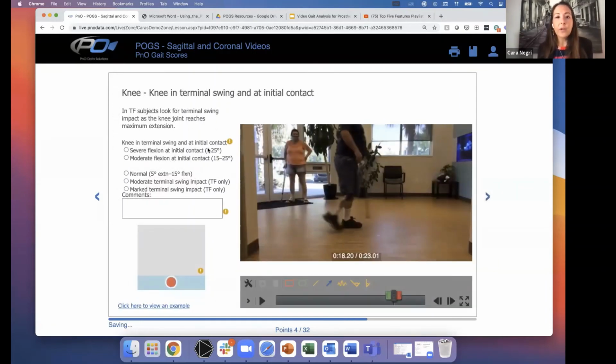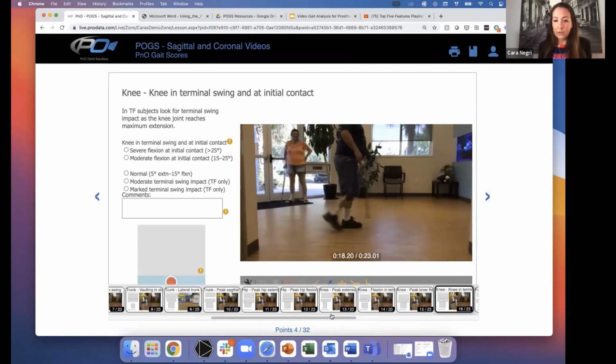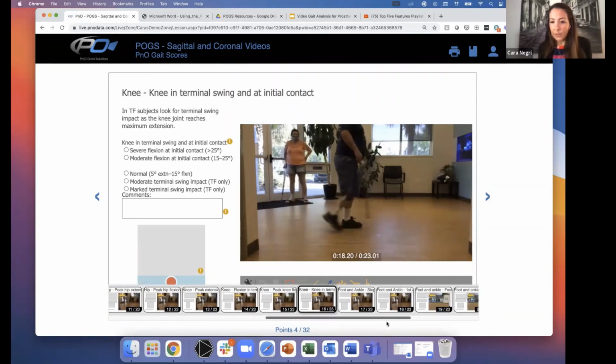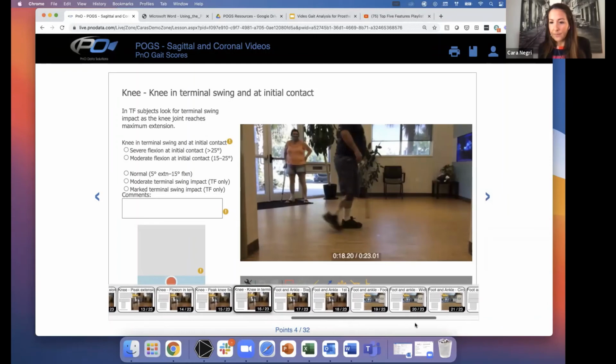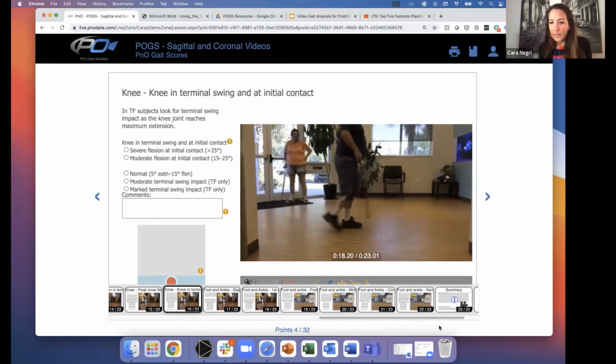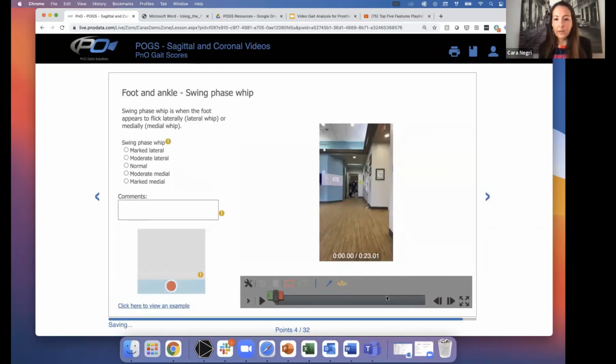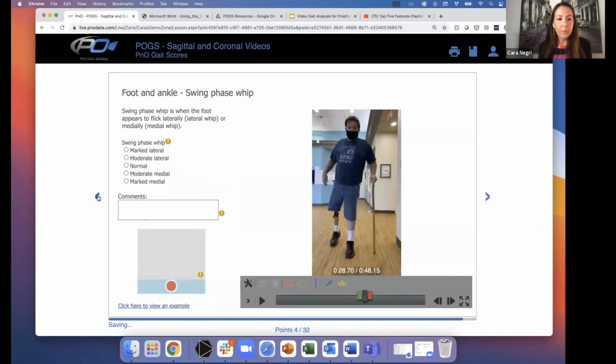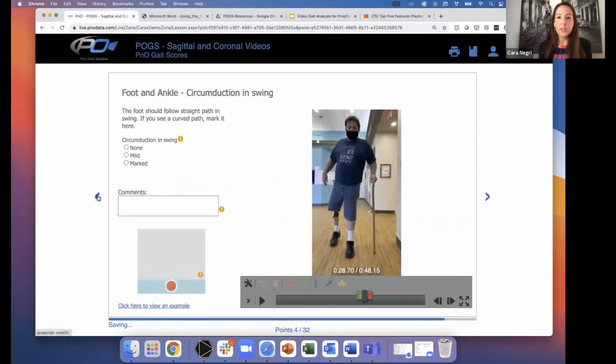Okay, so here we're looking for terminal swing at initial contact. We can go through that one. I just wanted to jump ahead since we are looking at a couple of these, so then we go through the foot and the ankle. Let's see here. We're looking at swing phase whips, circumduction in swing.